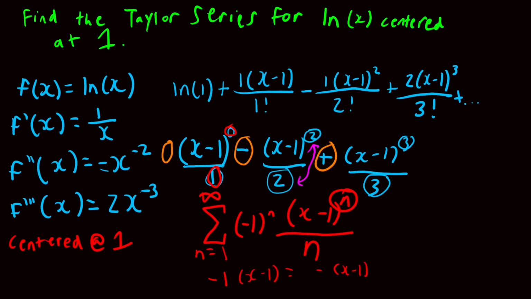And how do we do that? Add 1. So it becomes squared. So now if we plug it in, it will be negative 1 squared times x minus 1 to the 1. Right? This little thing changed our whole series. Now our negative 1 squared is 1, and that's positive, and that's what we want.